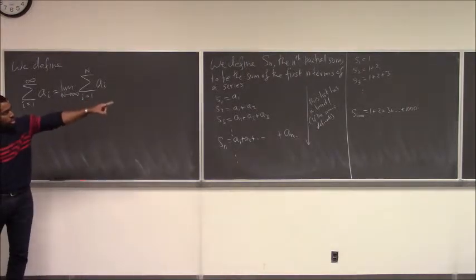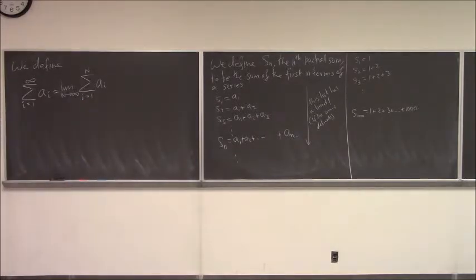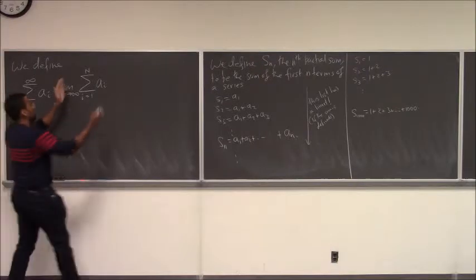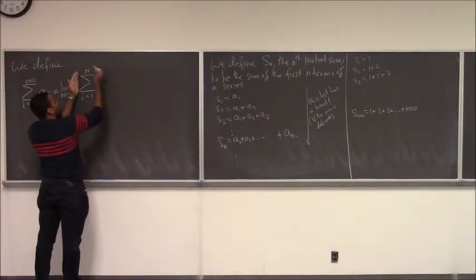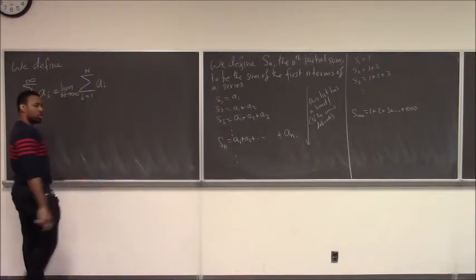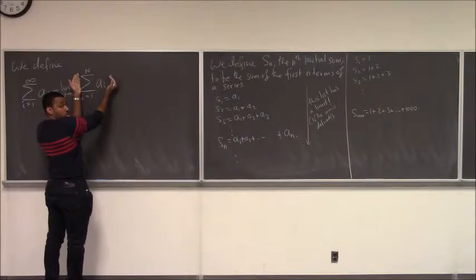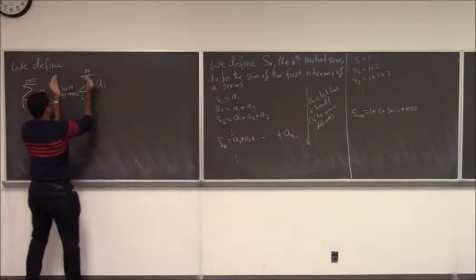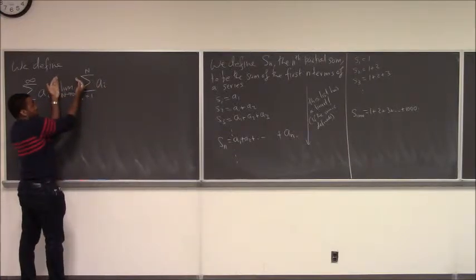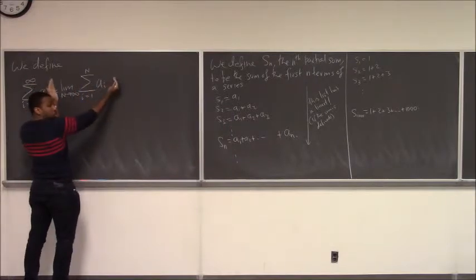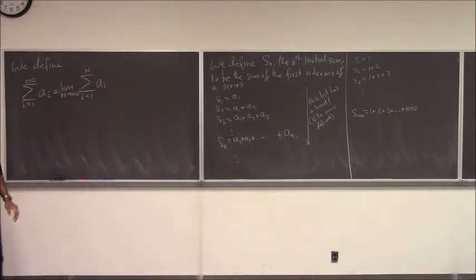So you're creating a list of these things that are running forever. And so what you can do is figure out how to add the first big N of these things, and then let that approach infinity. And of course, with the formulas that we have, doing this is not a problem. And with the first part of the course that we did, we know how to compute limits. So ultimately, we have all we need to actually add up an infinite number of things.